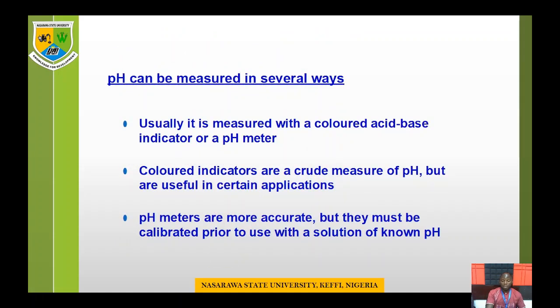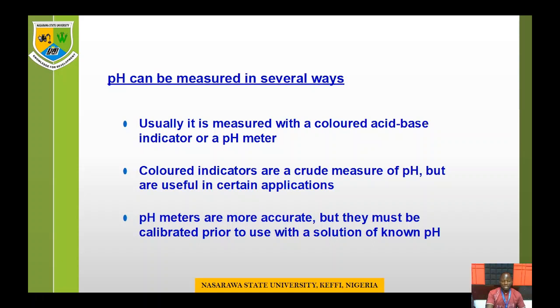pH can be measured in several ways. Usually it is measured with a colored acid-base indicator or a pH meter that I just explained. Colored indicators are a crude measure of pH but are useful in certain applications.